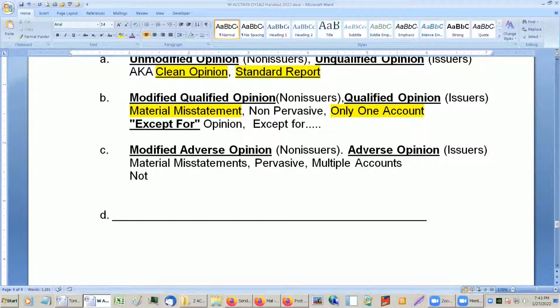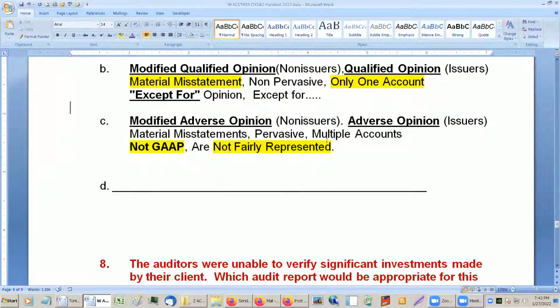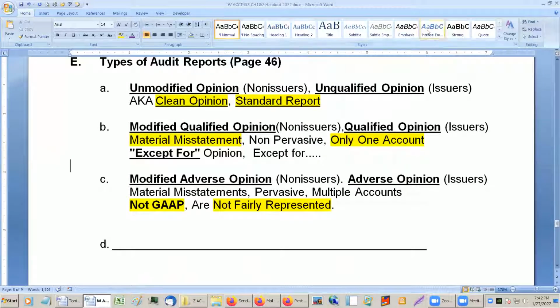They are not GAAP, not generally accepted accounting principles. Not fairly represented. So these are the worst types of opinions.